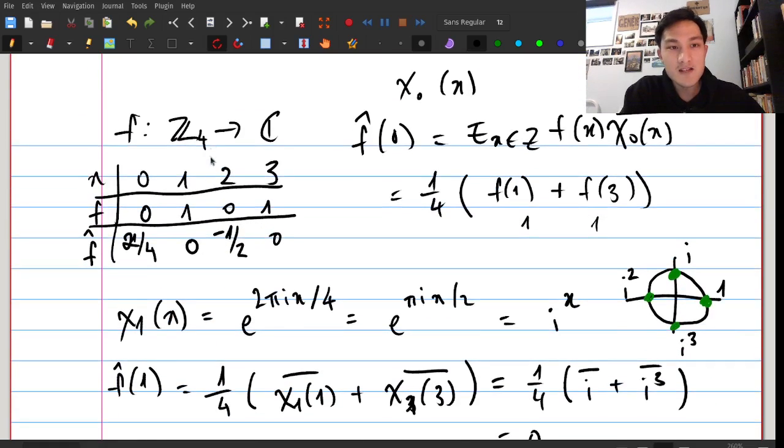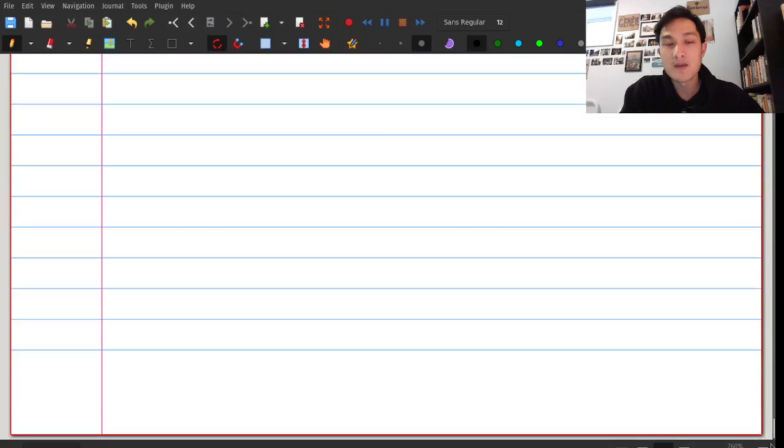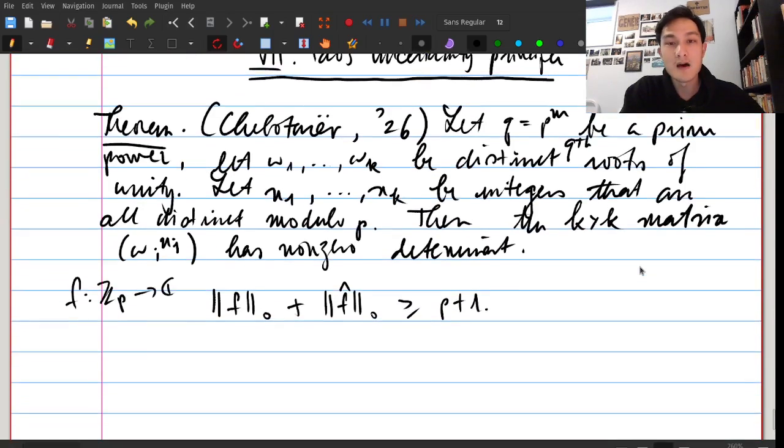But here 4 is not prime, and we made a function whose support has size 2 and whose Fourier transform has support of size 2 as well. And 2 plus 2 is 4, which is not quite n plus 1, which is 5 in this case, because 4 is not prime. And so we see that the assumption that p be prime in this cyclic group is actually necessary.